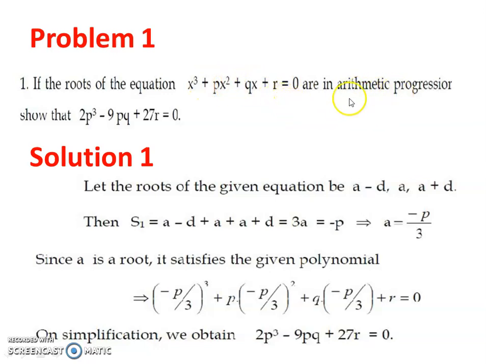Then it is given that the three roots are in the arithmetic progression. If this happens, we have to prove that there exists a relationship between the coefficients p, q, r as 2p cube minus 9pq plus 27r equal to 0.